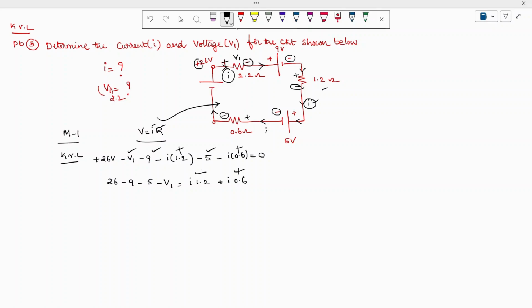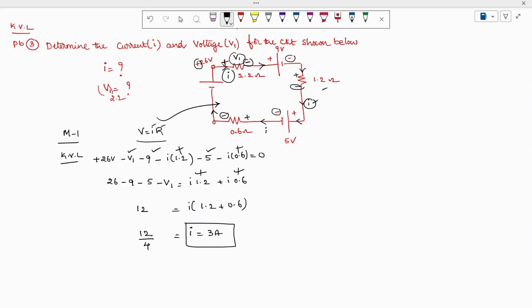So I am taking I as common, which is 1.2 plus 0.6. When you solve it, 26 minus 9 minus 5 is 12, and this value is 4. Therefore I is equal to 12 by 4, where current I is equal to 3 amperes.